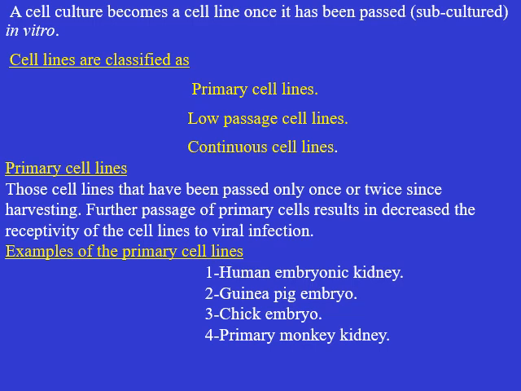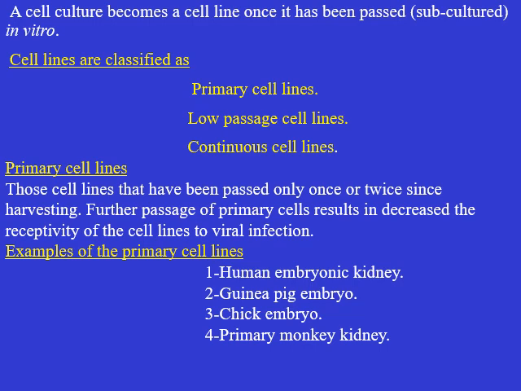The primary cell lines have the capacity to pass only once or twice in vitro. Further passages of these primary cell lines result in decreased receptivity of the cell lines to viral infection.